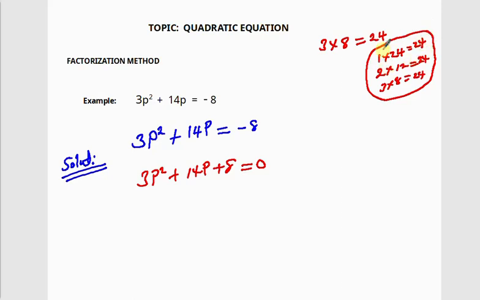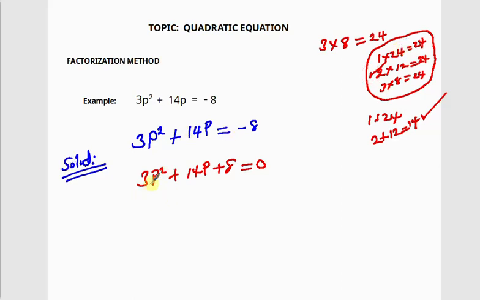Add the first one, which is 1 plus 24, cannot give you 14, right? But you see the second one, 2 plus 12, it will give you 14. So this is the correct one. Here is the correct number that you are going to use.